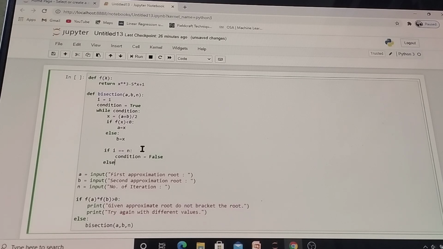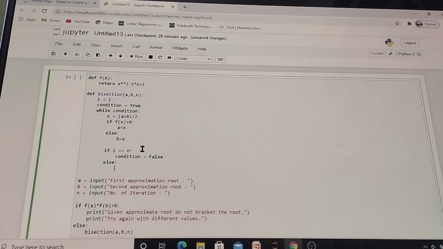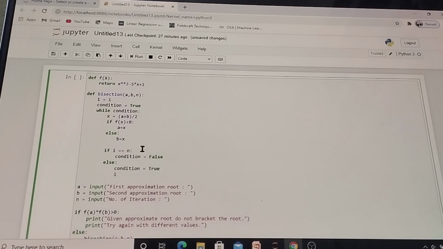Else, what is the other condition? That if i is not equals to n, then condition should remain as true. Okay, and the value of iteration should be increased by 1, right? So this will keep the loop running up to the desired number of iterations. Okay, and I want some values in the execution.